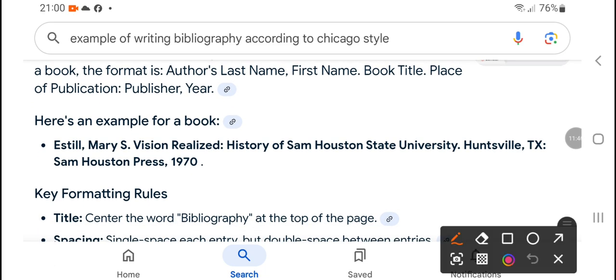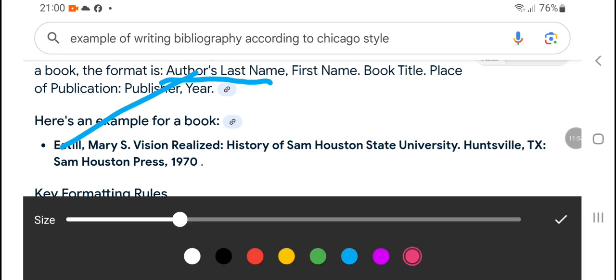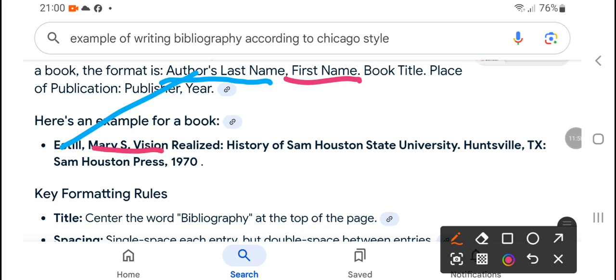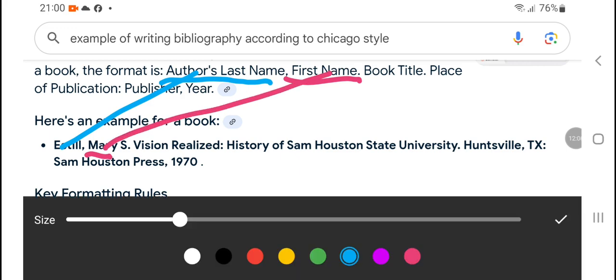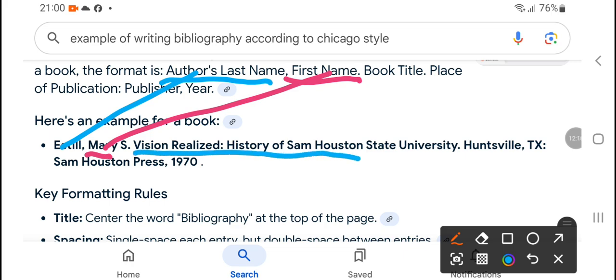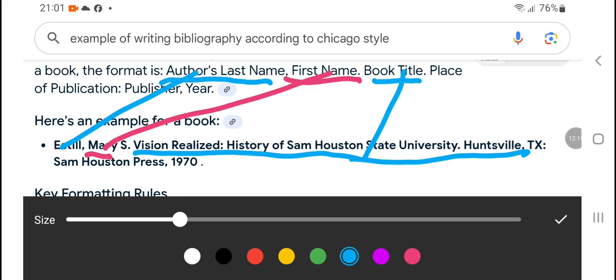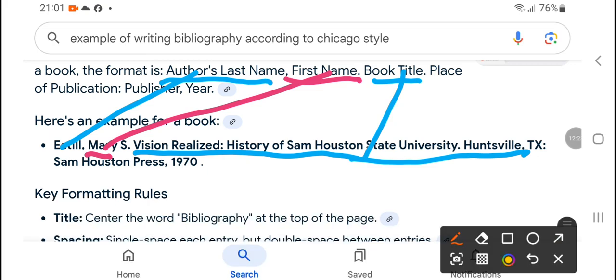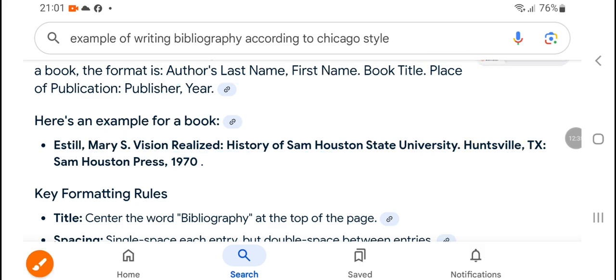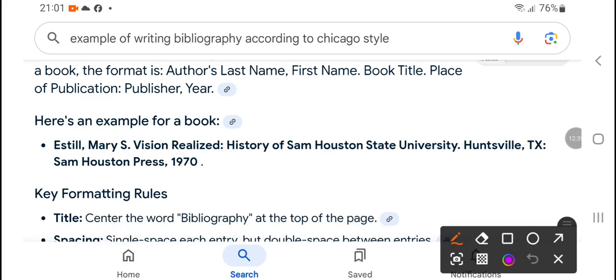Example, we have seen: author's last name, then author's first name, then book title, then place of publication, then publisher, and then the year.